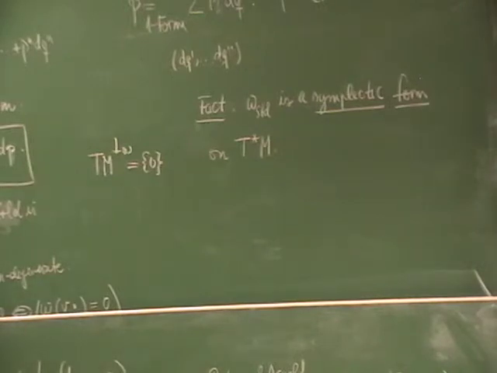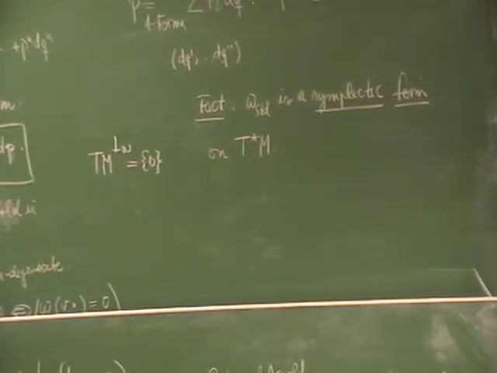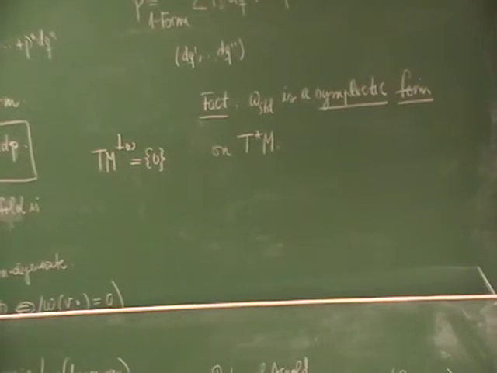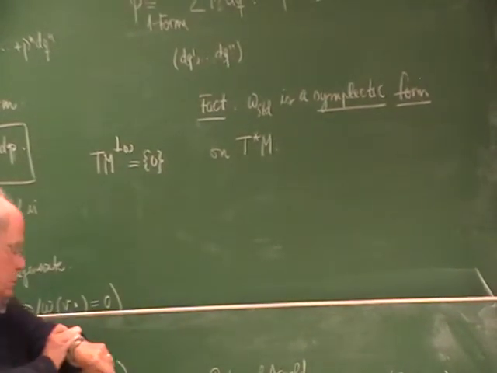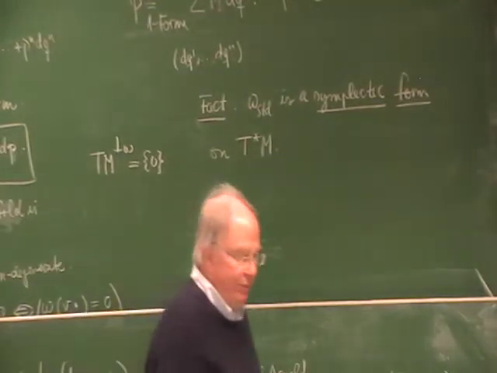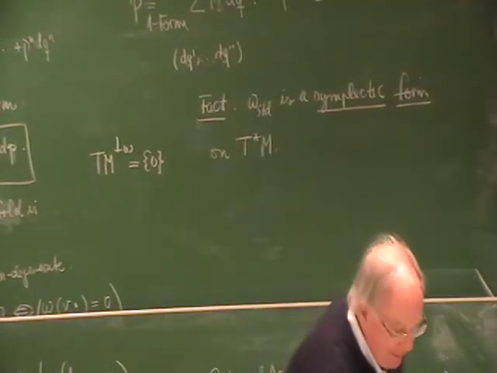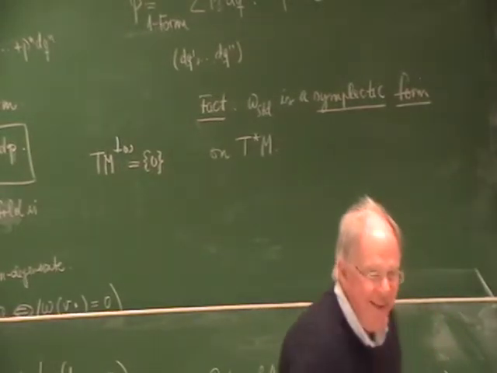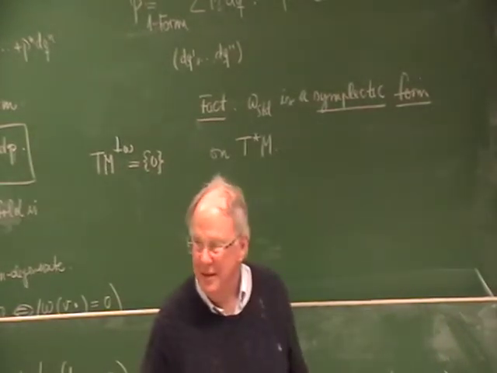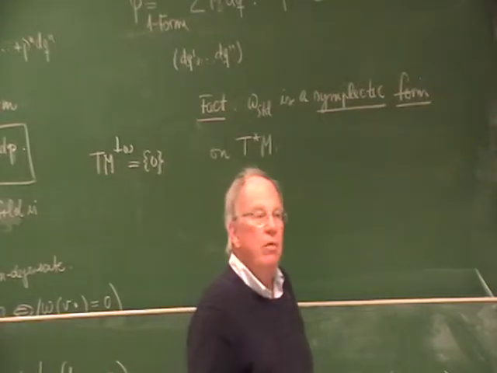And you can check it just in coordinates here because it's just this thing. Okay? Now, the last remark and then we can quit for today. I'm sorry, you're probably very tired. This is a very beautiful remark.